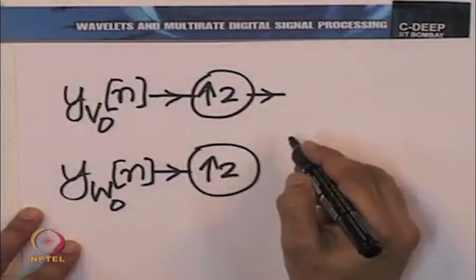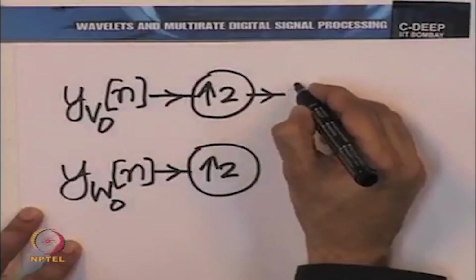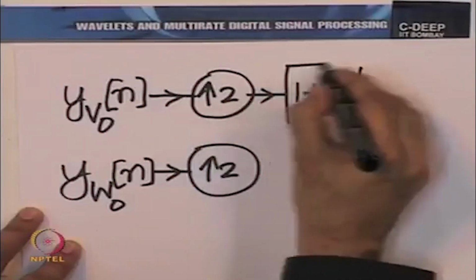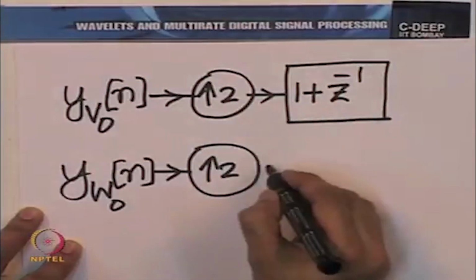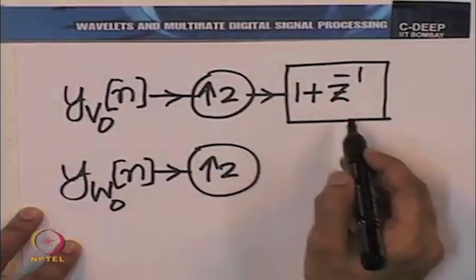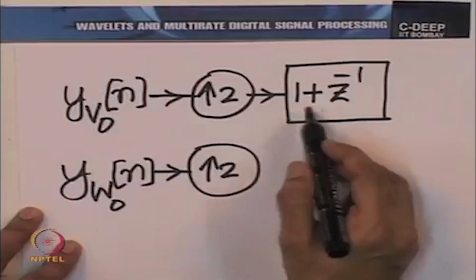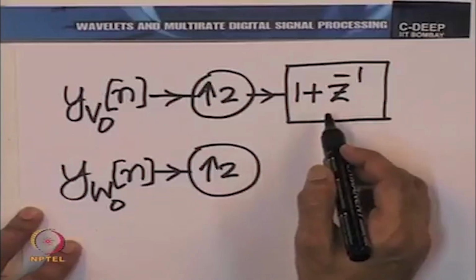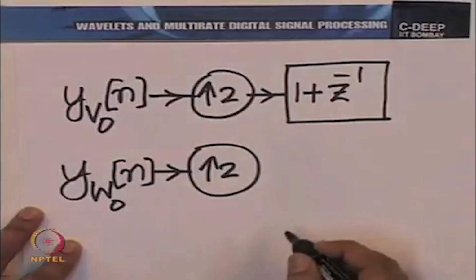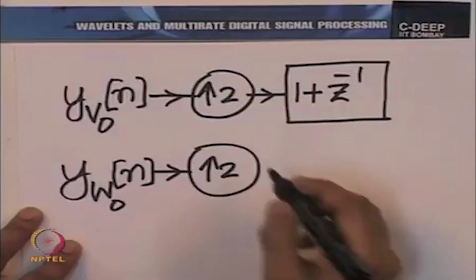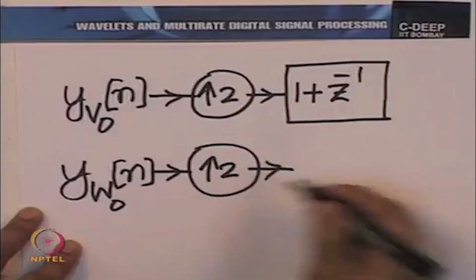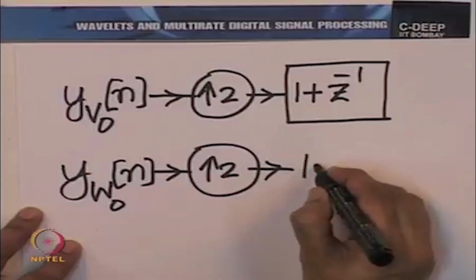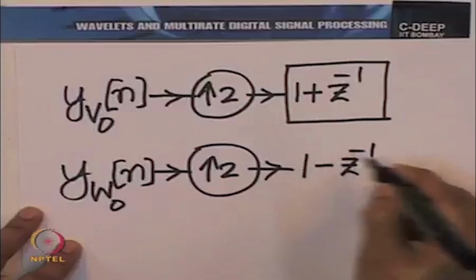Now, I subject this to the filter 1 plus Z inverse. Remember, this is the filter where the output B n and the input A n are related according to B n is A n plus A n minus 1. And here I subject this to the action of the filter 1 minus Z inverse.